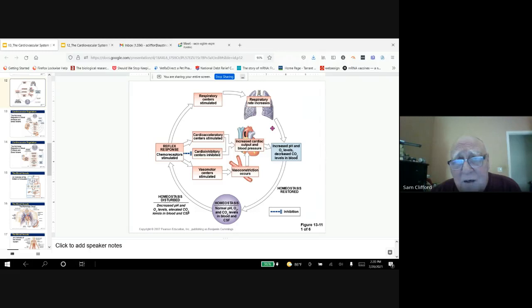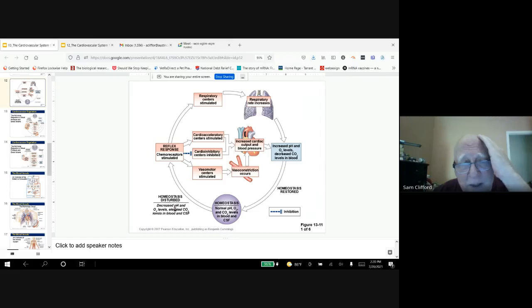In this one right here, the interaction of lungs and blood vessels and so on. So if there is decreased pH and O2 levels and elevated CO2 in the blood, that's going to happen. The chemoreceptors around the heart and in the aorta sense it.